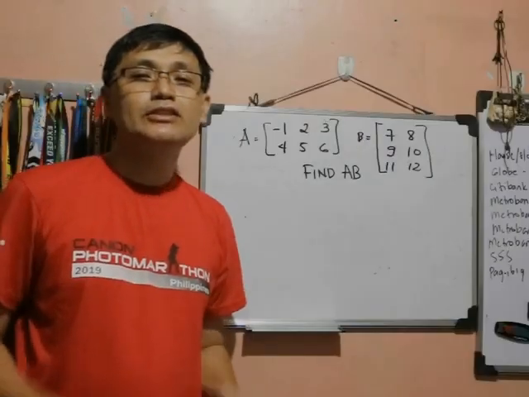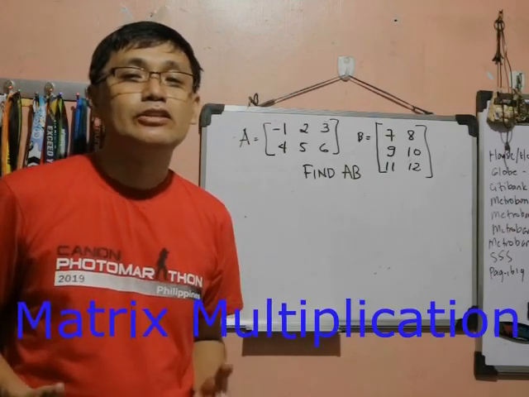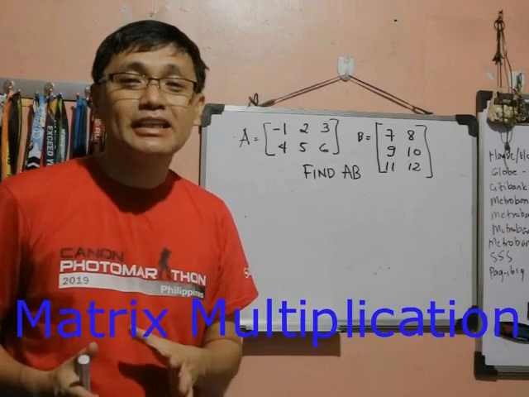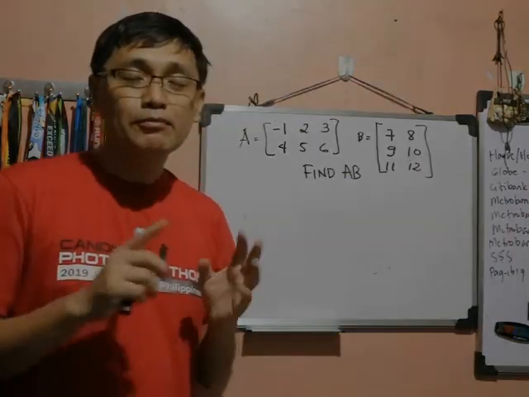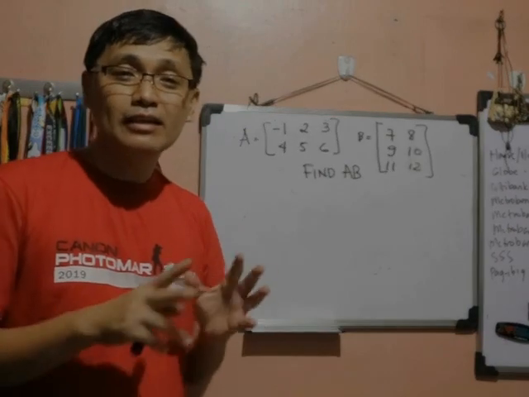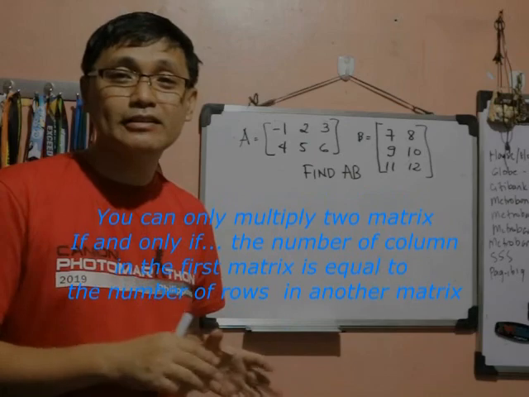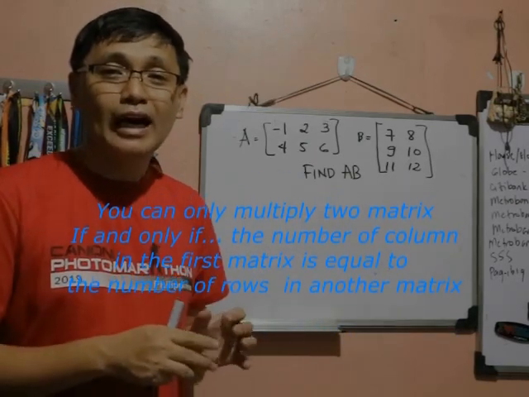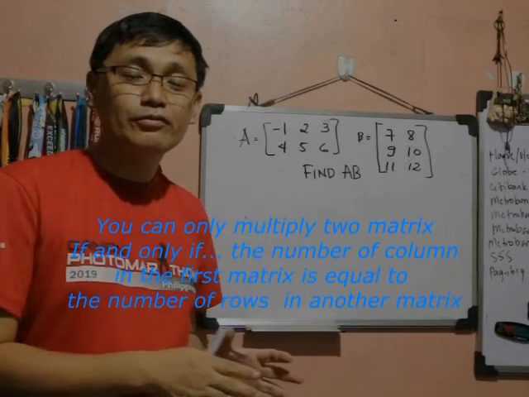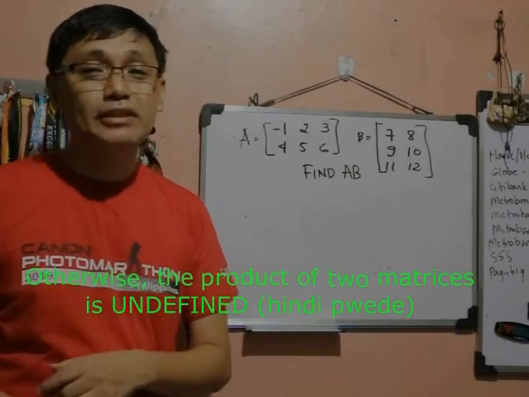Another type of multiplication of matrix is what we call the matrix multiplication. So, it is the multiplication of an entire matrix with another entire matrix. Mapag-multiply mo lang ang dalawang matrix or dalawang entire matrix kung magkapareho ang number of column ng isang matrix sa number of rows ng isang matrix.